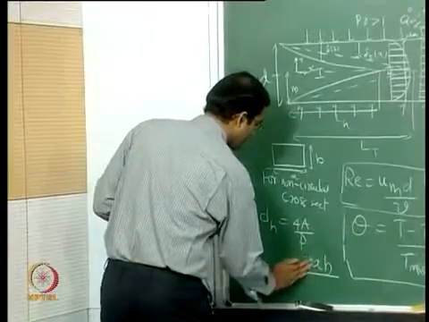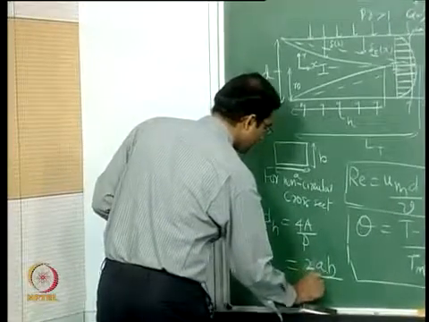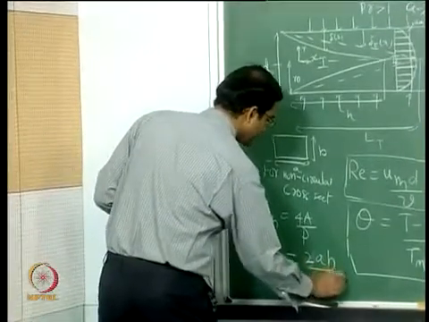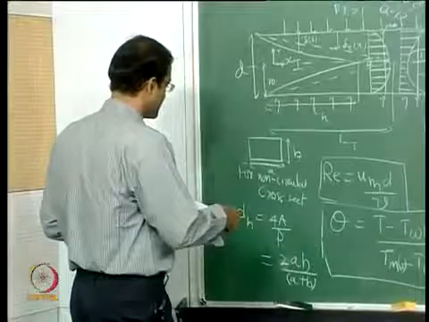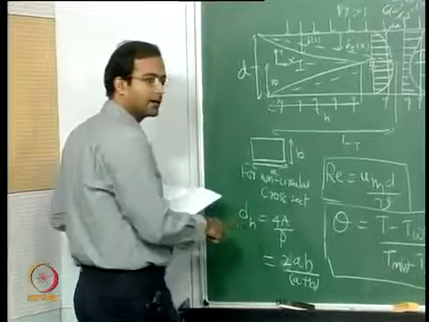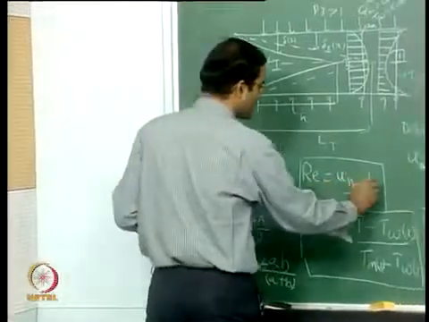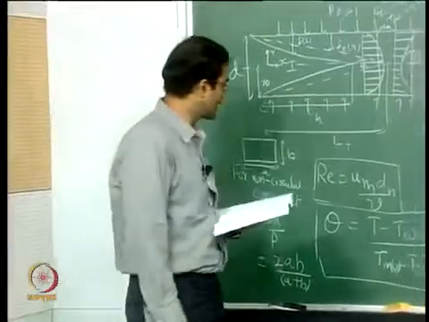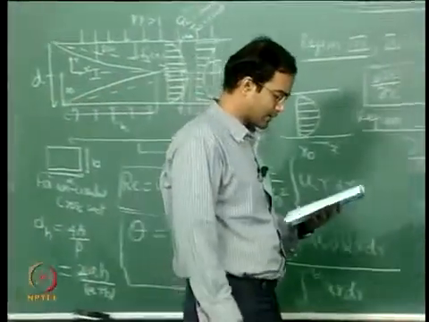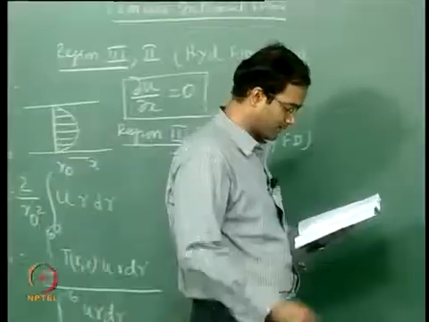So this will be 2AB by A plus B. So this is how you have to replace your diameter with an equivalent hydraulic diameter and define your Reynolds number based on the hydraulic diameter. So this is for the case of non-circular cross sections.